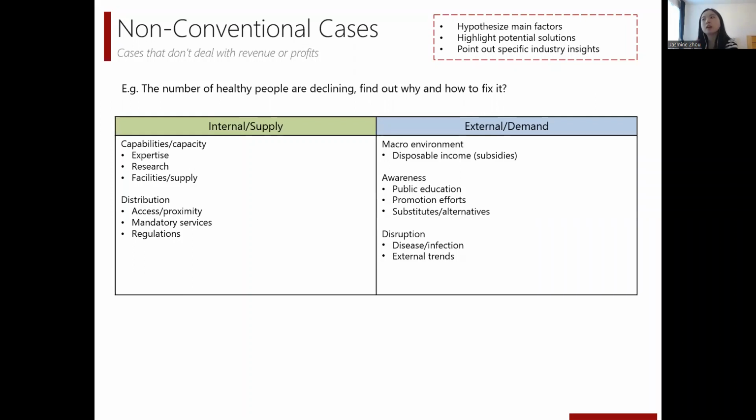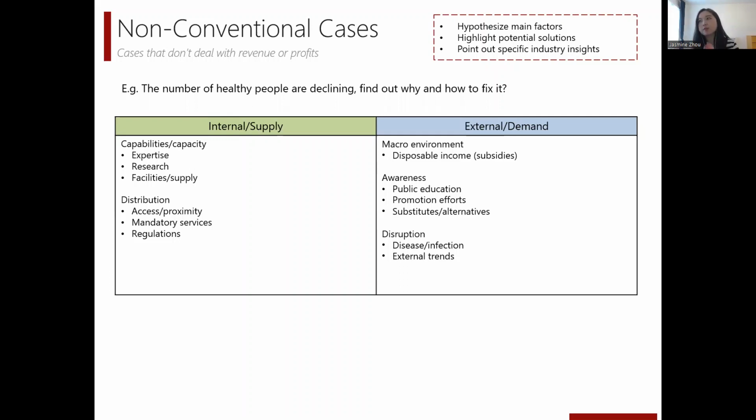An example of a case like this is public sector cases, where maybe the number of healthy people in this country is declining, and your client wants you to find out why that is and how to fix it. Notice how there are no revenue or profit numbers associated with a case like this. And so you can't really use your price and volume sub-buckets and revenue buckets in this case.